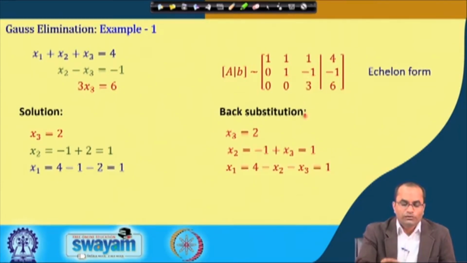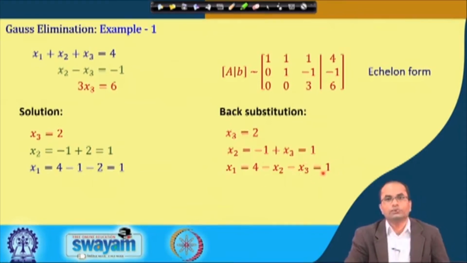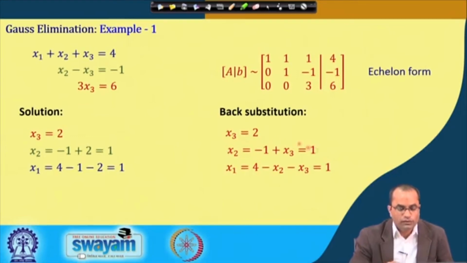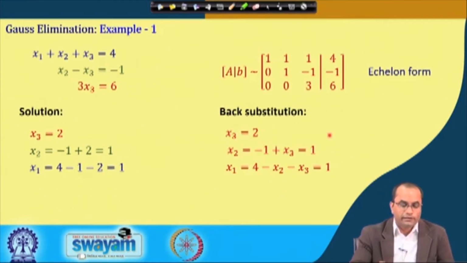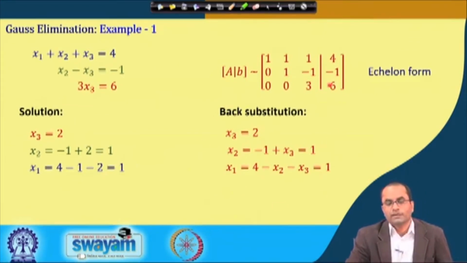Now, we will go further up to x 1, and then we have 4 minus x 2 and minus x 3, and that is equal to 1. So, we have x 1 is equal to 1, x 2 is equal to 1, and x 3 is equal to 2. So, we get the solution out of this back substitution once we have this echelon form of the equation.